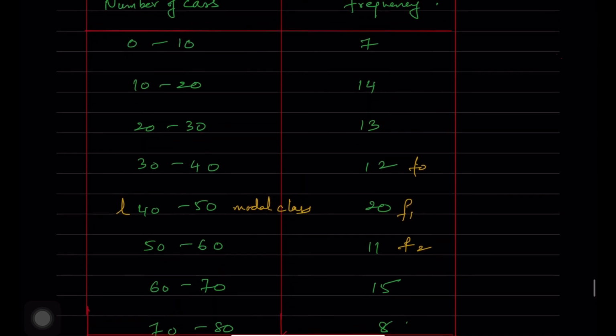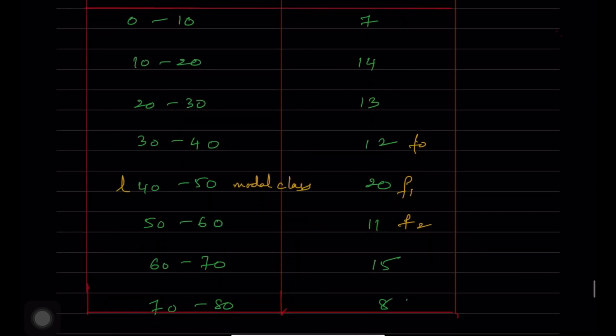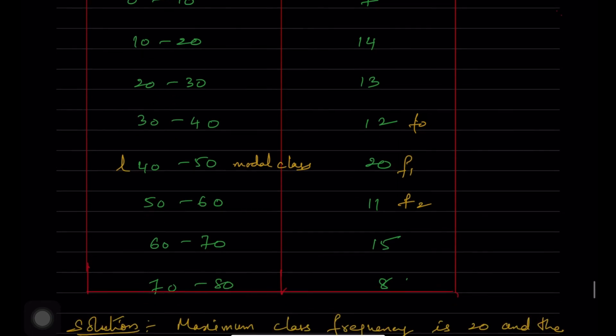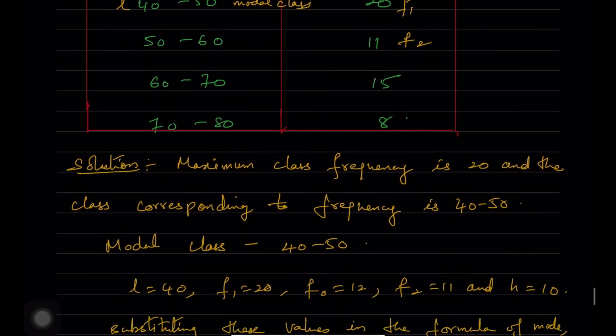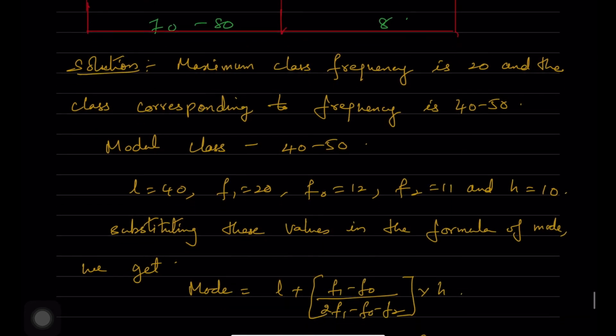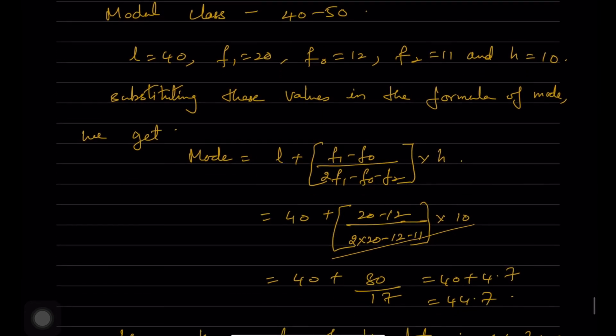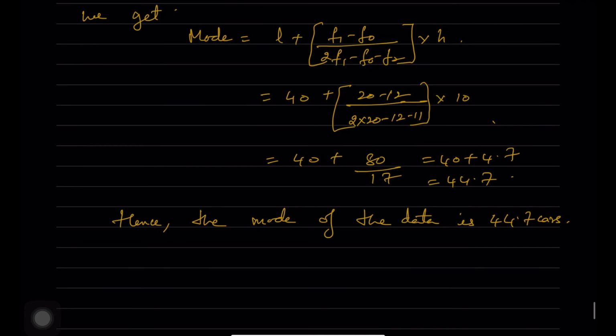Here the maximum frequency is f1, the previous one will be f0, the next one will be f2, and the modal class is 40 to 50, the lower limit is L and h is equal to 10, the class width. So using the mode formula, L plus f1 minus f0 by 2 f1 minus f0 minus f2 into h, substituting all the values, you are going to get 44.7.